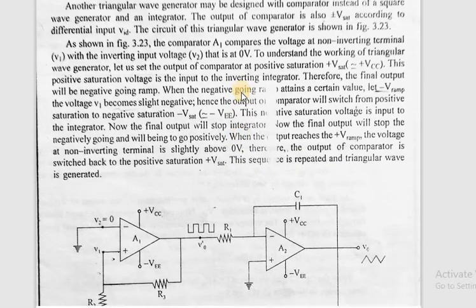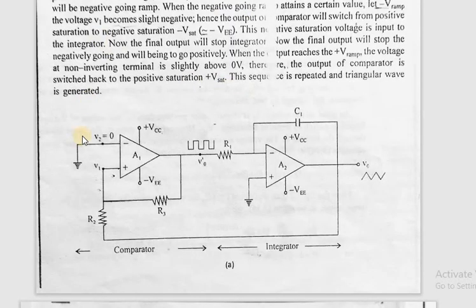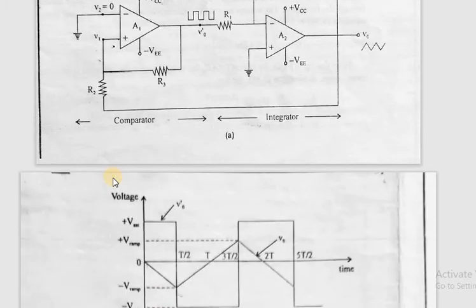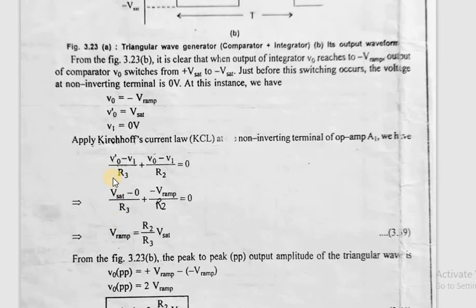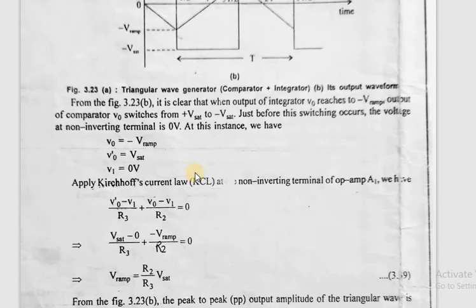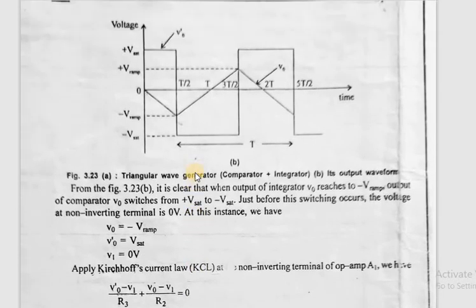So we'll be applying Kirchhoff's current law here at the non-inverting end. What I have written is V0 dash minus V1 upon R3 plus V0 minus V1 upon R2 is equal to 0. So no current is flowing at that instant, so the total current will be 0.